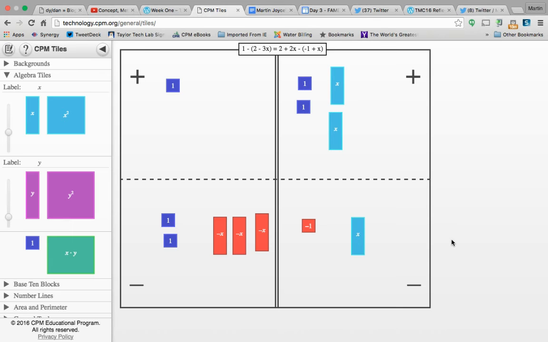Alright, from here you have a few options. Well, actually not really. Well, yeah, on the right hand side I could see something we could do, but technically it'd be nice to flip everything from the negative region up to the positive region. We could do that here as well, or since this x and this x are same tiles but different region, this could actually be positive x minus positive x.